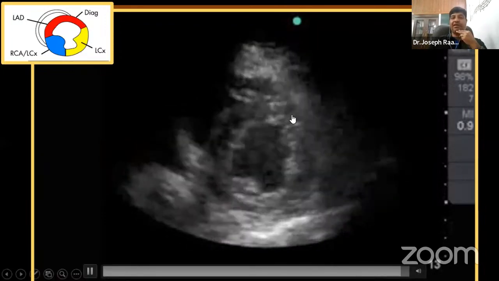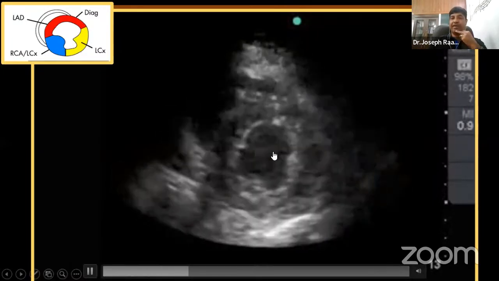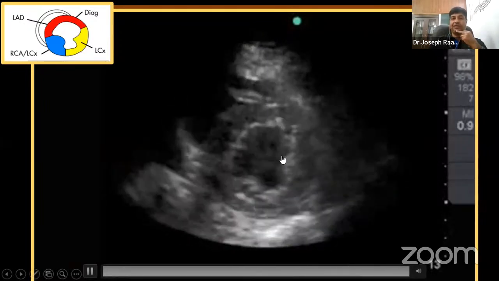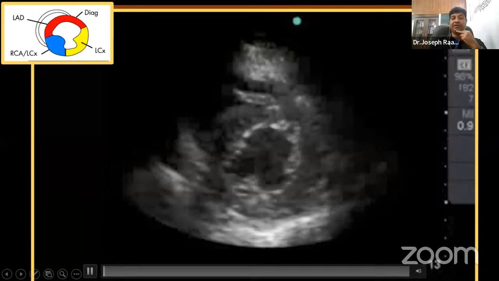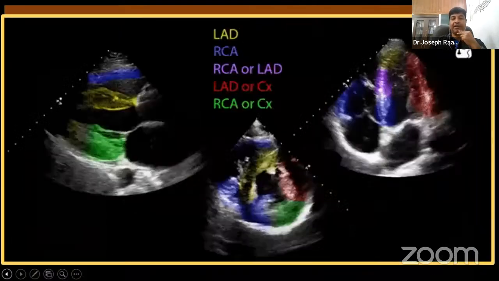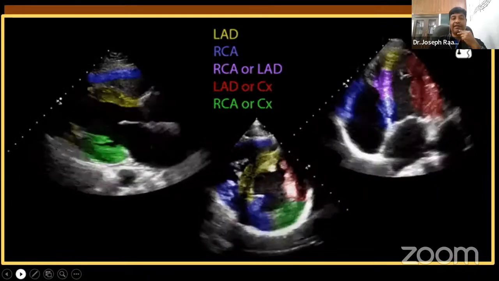This is an apical, this is a mid-papillary view, where you see the segments of the left ventricle, and you see both the anterior as well as the posterior papillary muscle. But if you see this particular area, this area is not properly... just go back. I'll go back and I'll come to this slide again.